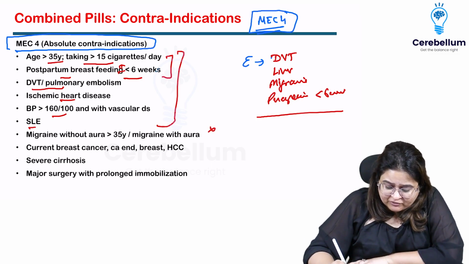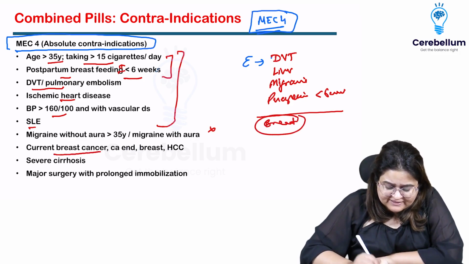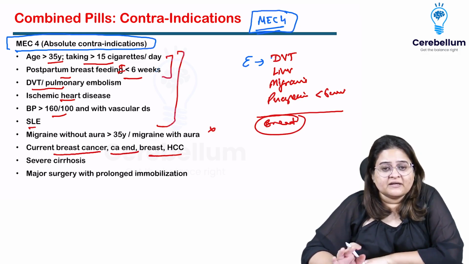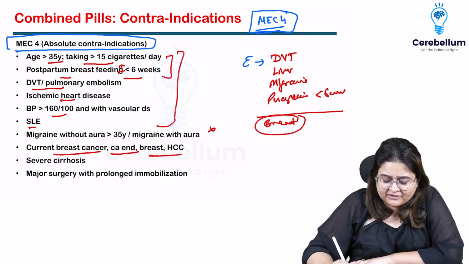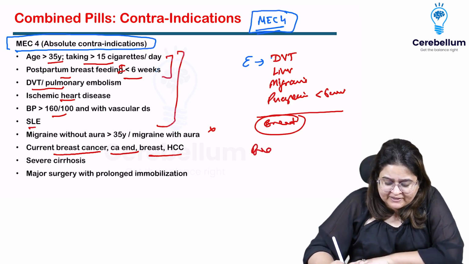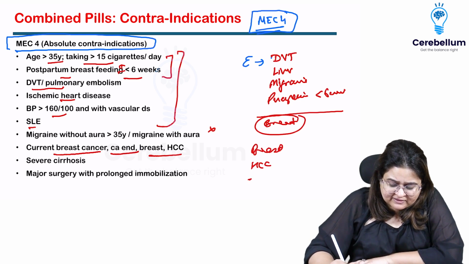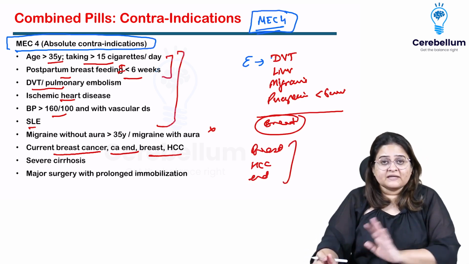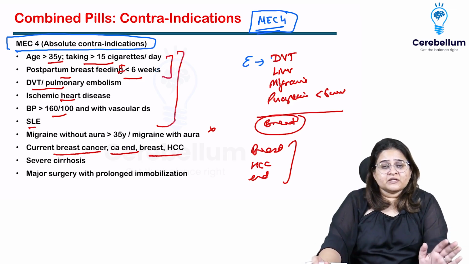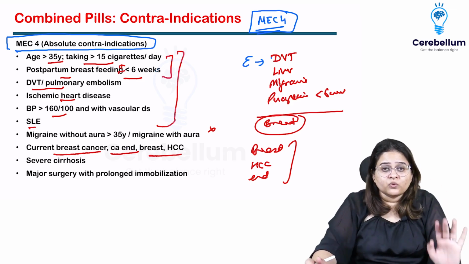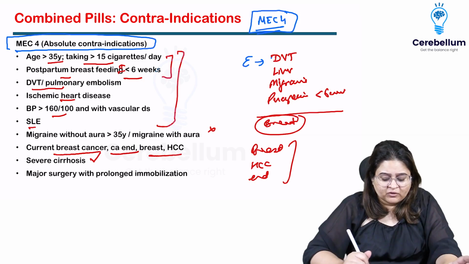Also, very important, I forgot to mention here, estrogen is bad for the breast. So, current breast cancer, endometrial cancer, or hepatocellular cancer, you are not going to give. 3 cancers we are not going to give: breast, hepatocellular cancer, and endometrial cancer. Estrogen containing contraceptives are a big no-no. The liver, if it's bad, you're not giving.